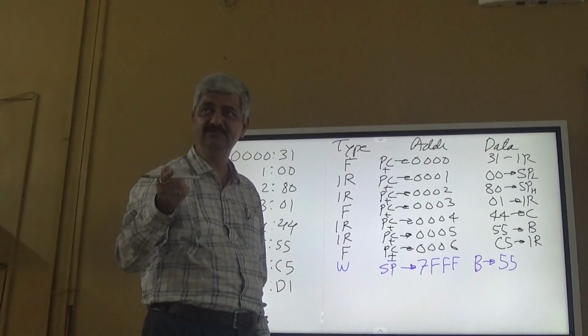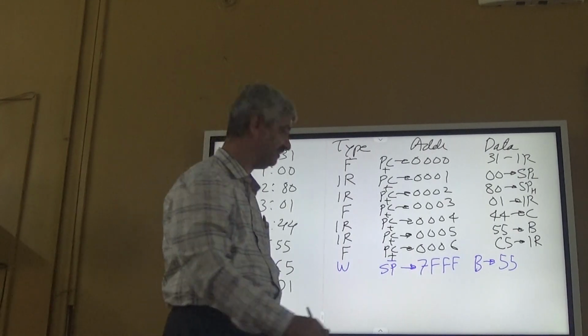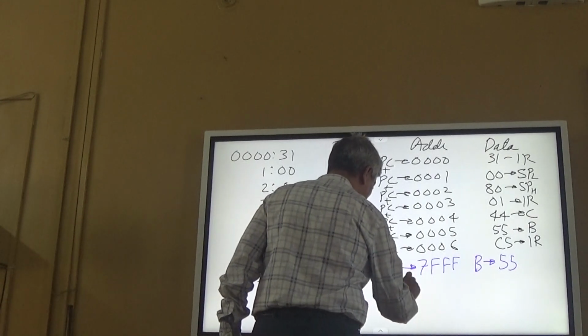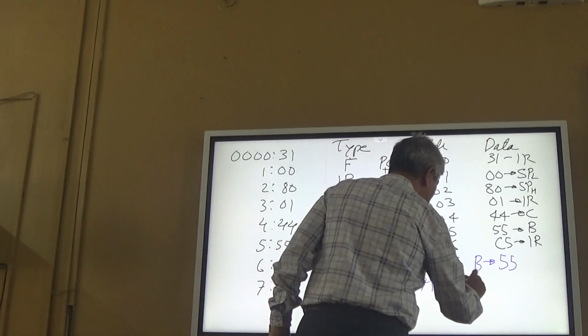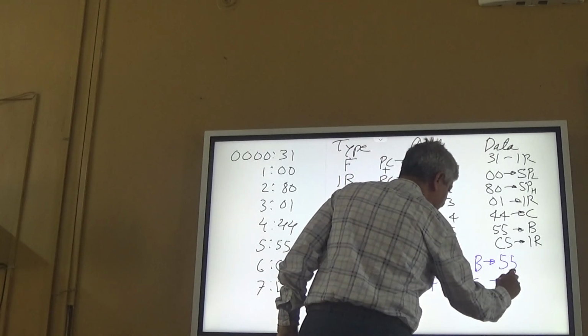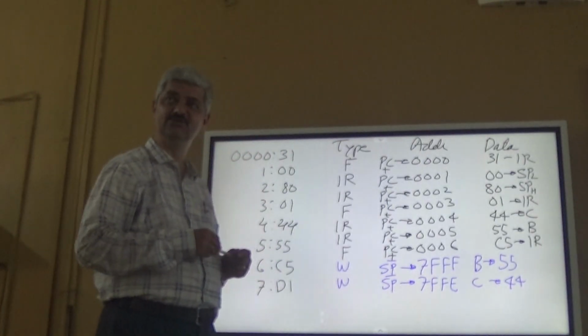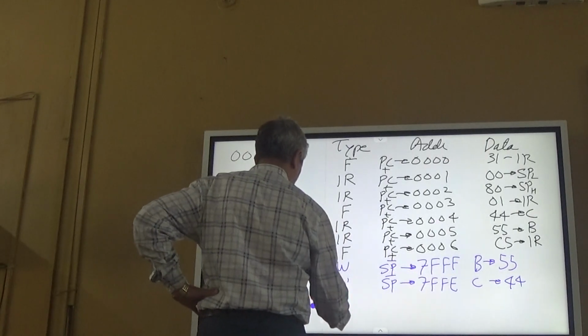So what next? Decrement the stack pointer again. So write cycle, the decremented stack pointer which is now 7FFE, and C giving 44, right? It's over. So push instruction is over, then the next fetch.